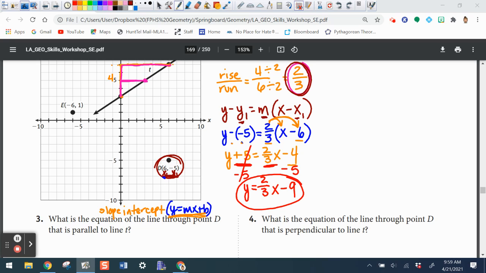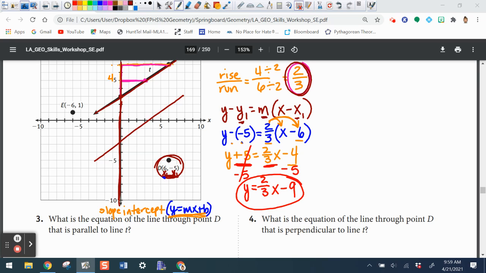But when two lines are parallel, more than likely they are going to cross the y-axis. They're going to have the same slope for sure, but they are going to cross the y-axis in a different location. Think about it. If line T is right here and there's a line parallel to it, it's going to cross the y-axis in a different spot than line T does.